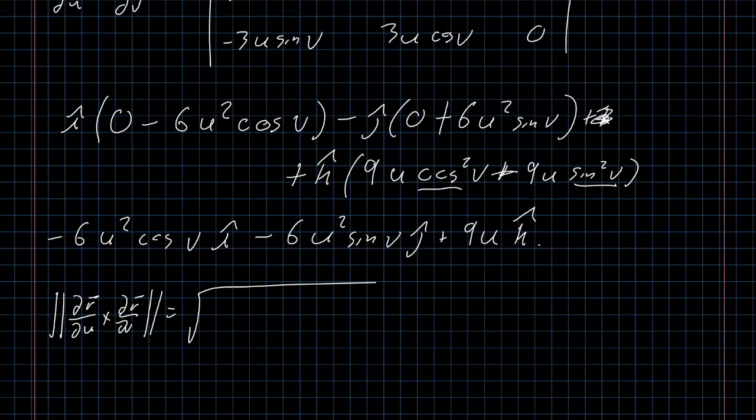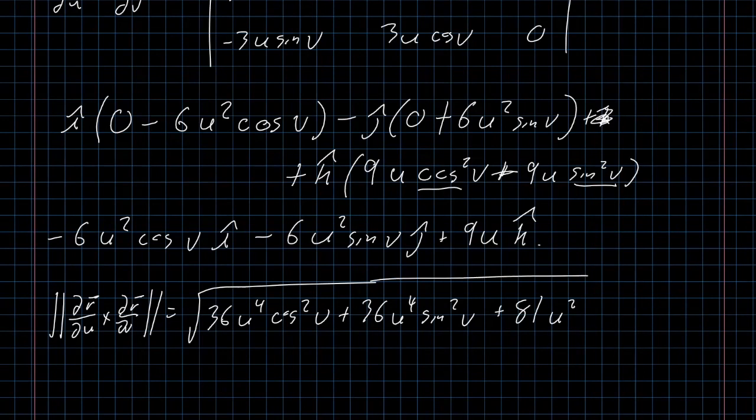So we're going to take 6u squared cosine v, which is going to give me 36u to the fourth cosine squared v. Then negative 6u squared sine v squared is 36u to the fourth sine squared v. And then we'll have that 9u, which is going to give me 81u squared.